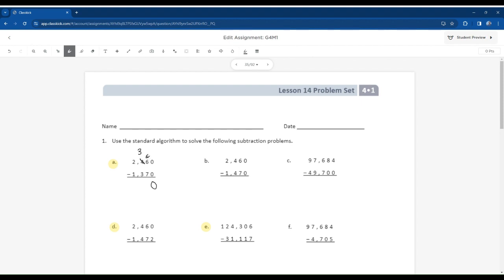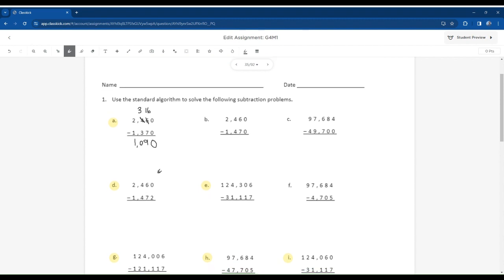And we already have a 6 in the tens place here, so that's going to give us 16 tens. And 16 minus 7 is 9. 3 minus 3 is 0. And 2 minus 1 is 1 to give us 1090. Not too bad in letter A, only had to regroup one time.